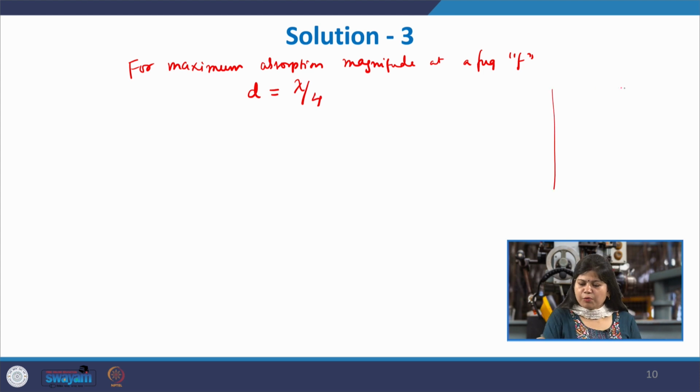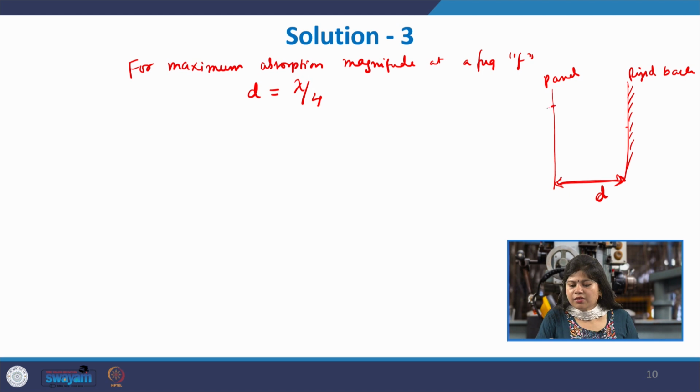For example, this is your panel, and this is your rigid back, and this is your air cavity depth d. Here it should hit with the maximum acoustic particle velocity. So, this could be at lambda by 4.